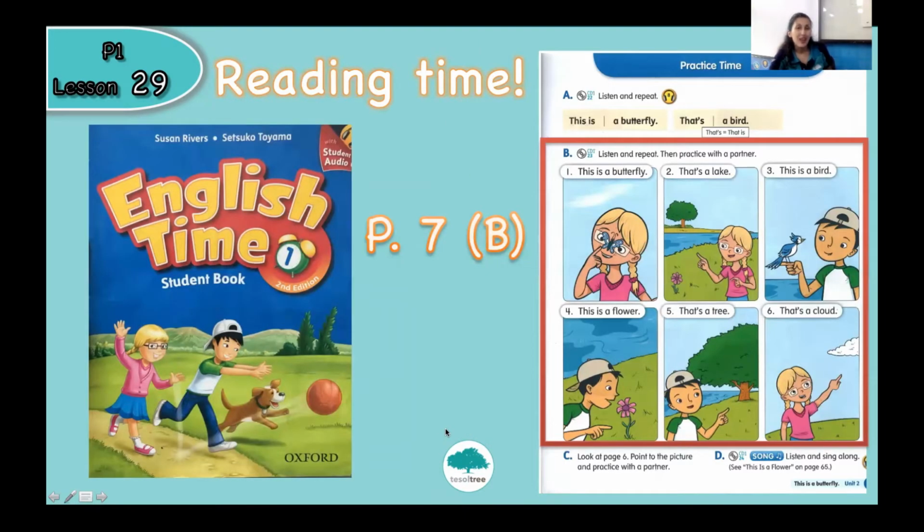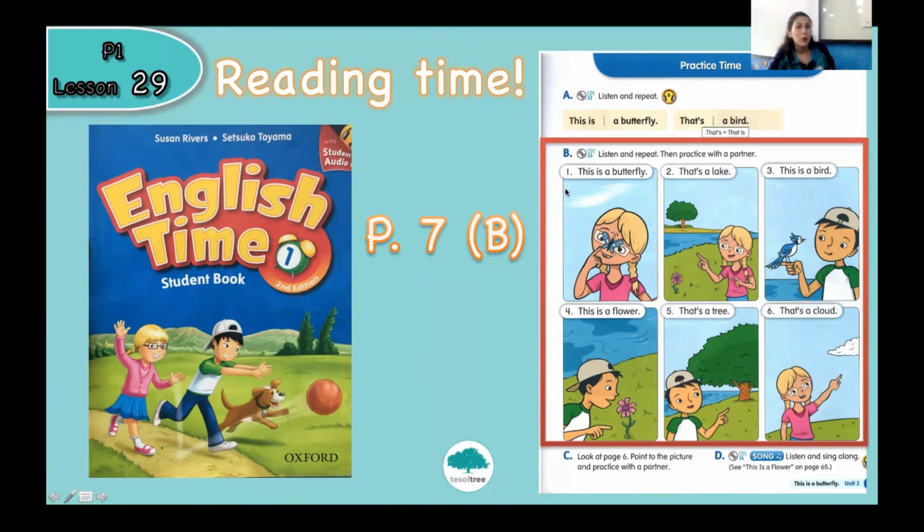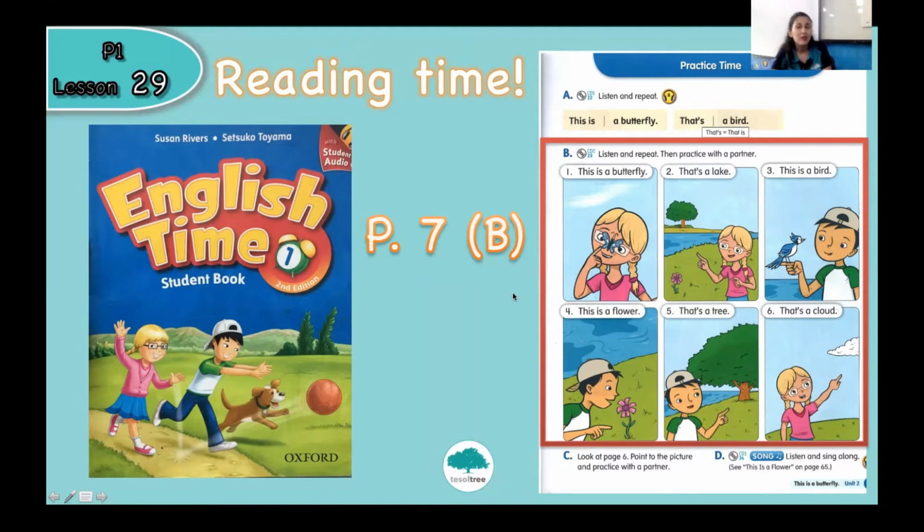P1, now it's your reading time. Now we will read together. I want you to open your class book and open page 7, part B. In this exercise, you have to listen to your teacher Val and repeat after me.